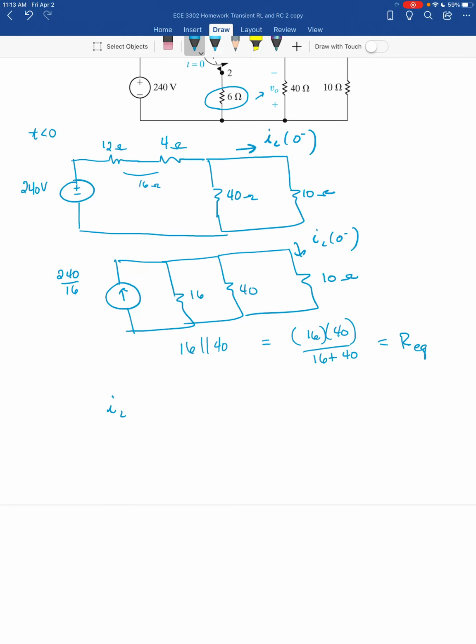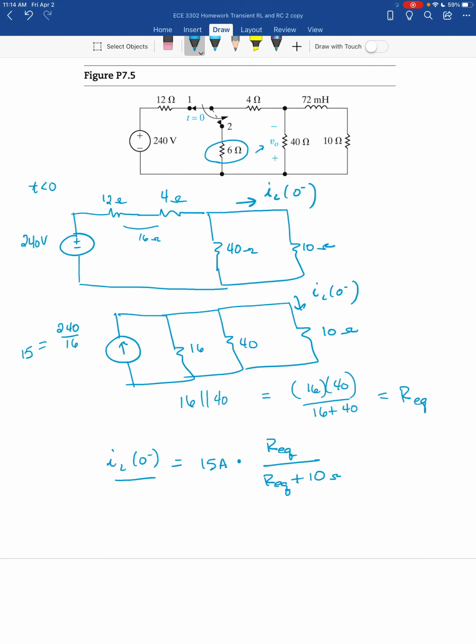Then the current through the inductor at 0 minus is found from a current divider. We'll take this source, which is equal to 15 amps, and do the current divider, which will be whatever that equivalent resistor is, over the sum of it and the 10 ohms. That'll give you IL at 0 minus, and once again I'll let you plug in the numbers.